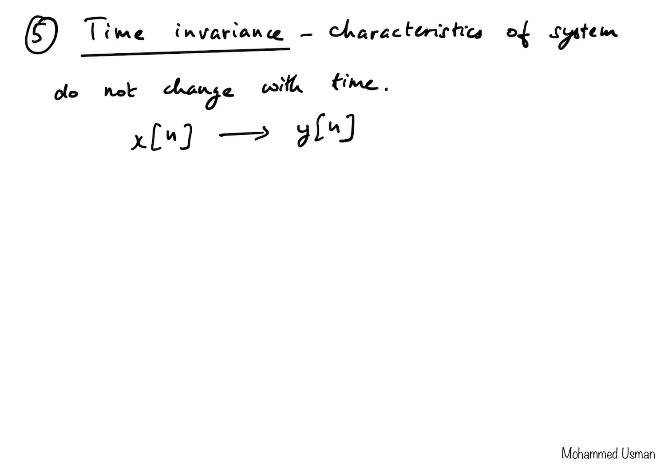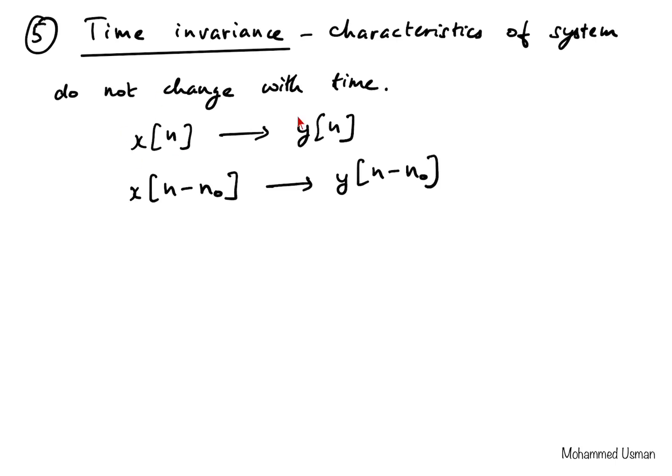That is, if the input is shifted to x of n minus n naught, then the output should also be shifted by the same amount, y of n minus n naught.